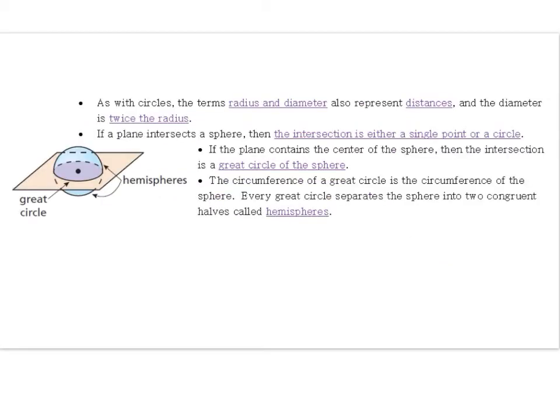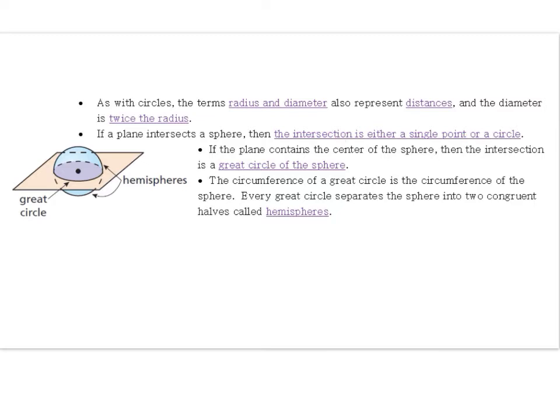All right, here are some additional details about our spheres. As with circles, the terms radius and diameter also represent distances. Super important. It's all about distance or length. And the diameter is always twice the radius. Well, that's true for a sphere as well. If a plane intersects a sphere, then the intersection is either a single point or a circle.